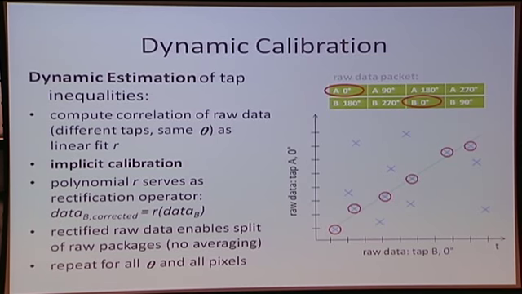So this then enables to split the raw data packages because the averaging technique is no longer required. And this calibration process has to be done for all measurement angles theta and all pixels individually.